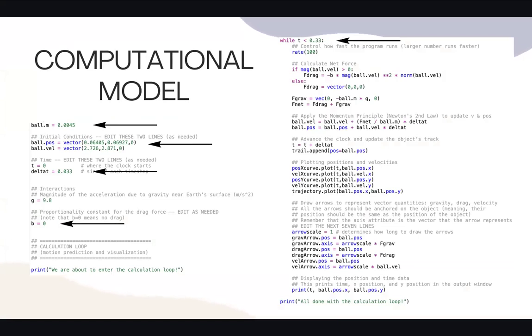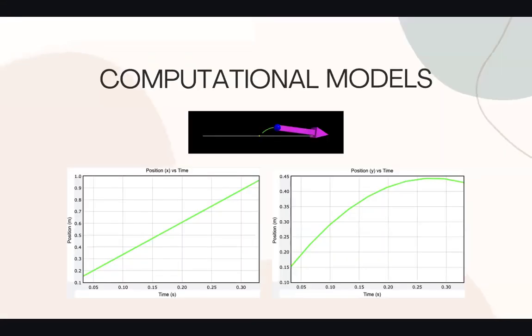Then we changed the time to 0.33 seconds. This is the drag equation put into the code, as well as the gravitational force and the net force, found by adding drag and gravitational force. This was also the velocity and position update formula. And these were the codes used for the arrows.